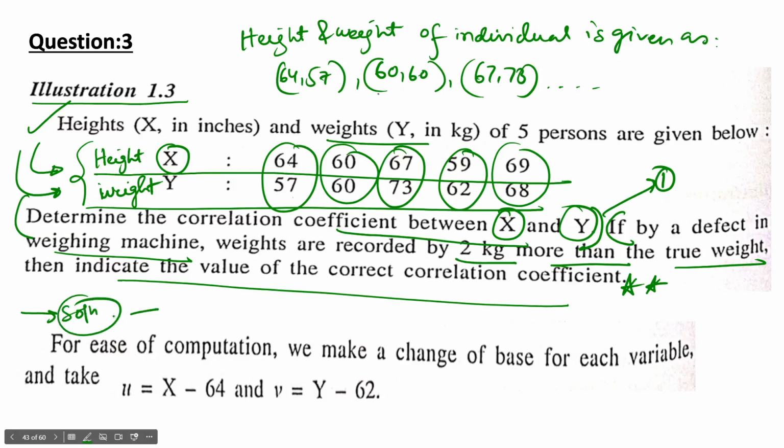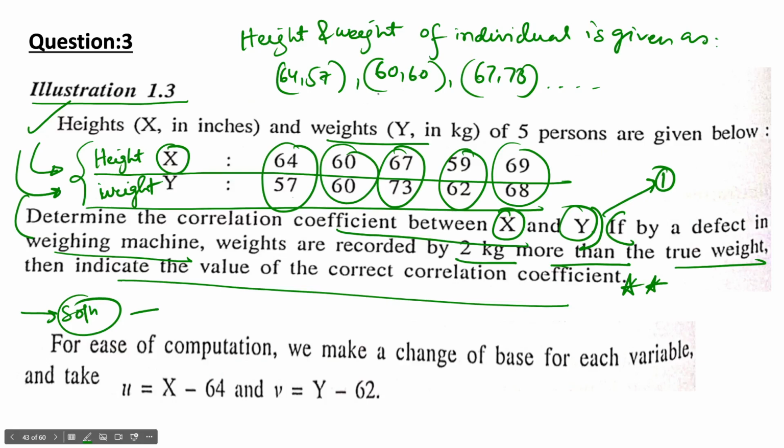The solution starts from here actually, because here I have given you the basic first primary hint: for ease of computation we make a change of base for each variable and take u equal to capital X minus 64 and small v equal to capital Y minus 62.